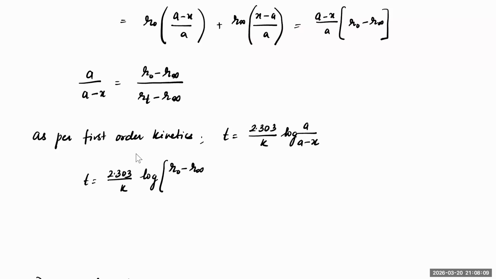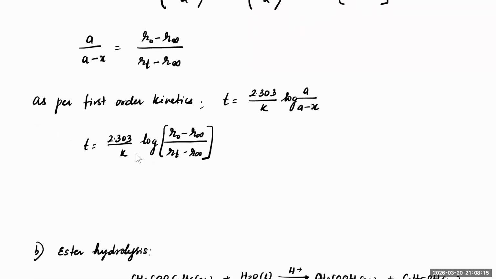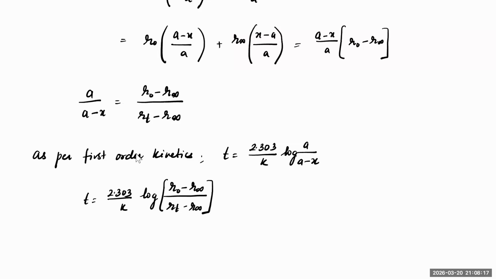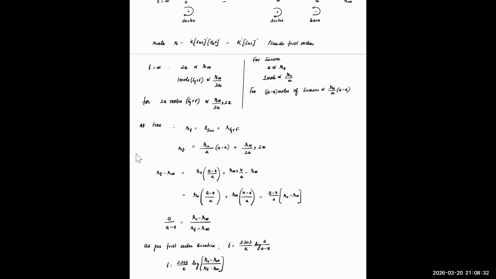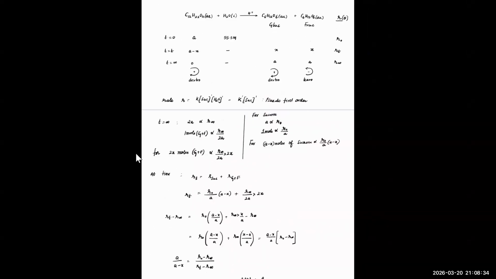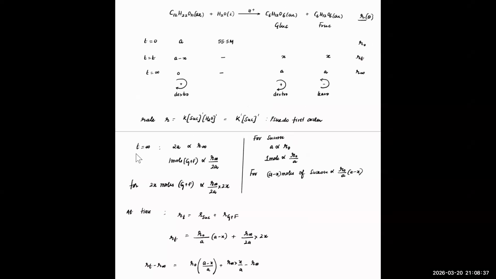R naught minus R infinity by Rt minus R infinity. This is what I will get. So instead of expressing that in terms of a by a minus x, now you can express the rate law in terms of optical rotation, given at different times. I hope all of you understood how I derived it. Please go through it once quickly, then we can go further.